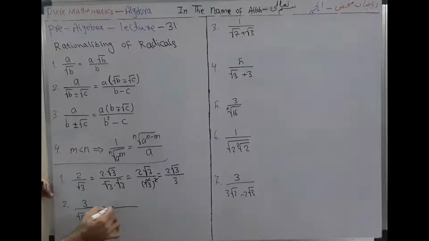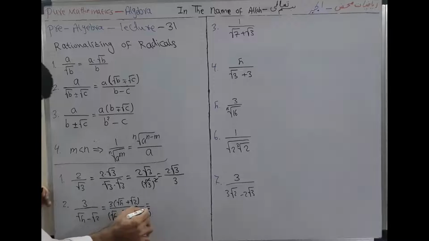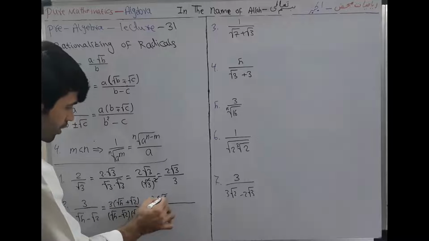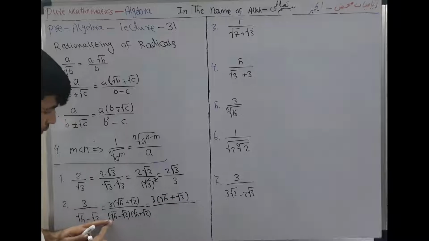It is equal to 3 multiplied by, we multiply numerator and denominator by the conjugate of the denominator, square root of 5 plus square root of 2, because it is minus. Square root of 5 minus square root of 2 into square root of 5 plus square root of 2. It is equal to 3 into square root of 5 plus square root of 2 over square root of 5 squared minus square root of 2 squared.